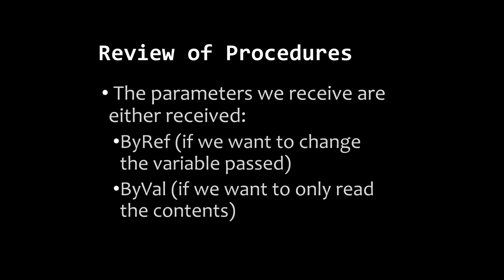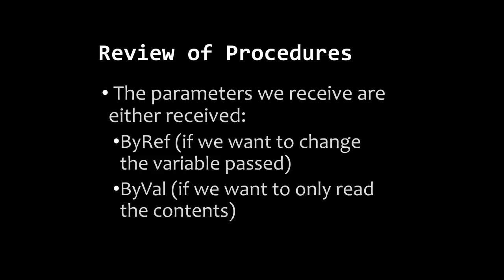If we have a procedure that we receive, and within that procedure we actually change the contents, we need to receive them by ref. If we receive them and pass them to another procedure, they need to be received by ref also, because we're changing them below the calling procedure. Hope that makes sense. It's really all based upon that structure chart again.